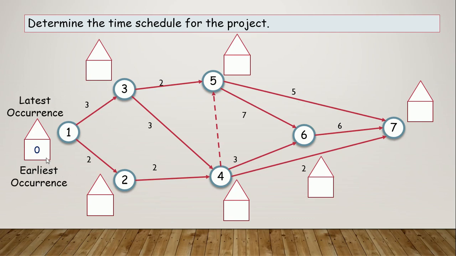Moving forward by this notation, we have to start with 0, 0 plus 3. So this activity can be completed as early as possible within 3 days if the duration is in days. Okay, and for this activity, what are the names of these activities?